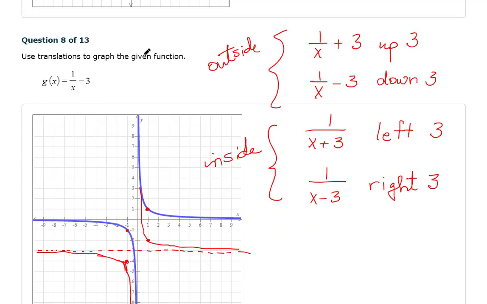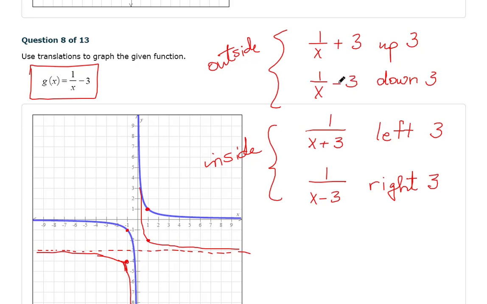All right, in question 8 here. I've got g of x is 1 over x minus 3. All right, so we know what it looks like. It's 1 over x, so it has that vertical asymptote at the origin, levels off on the two sides to y equals 0. So in this case, add 3 on the outside, up by 3.